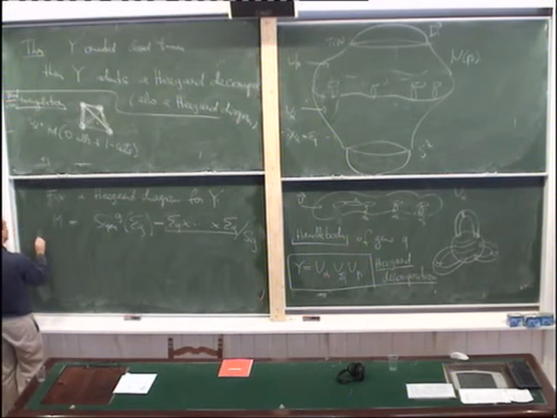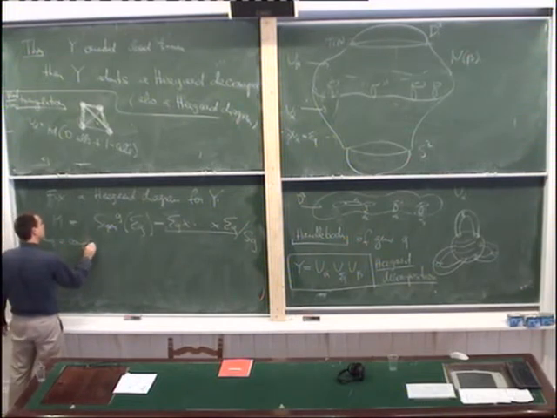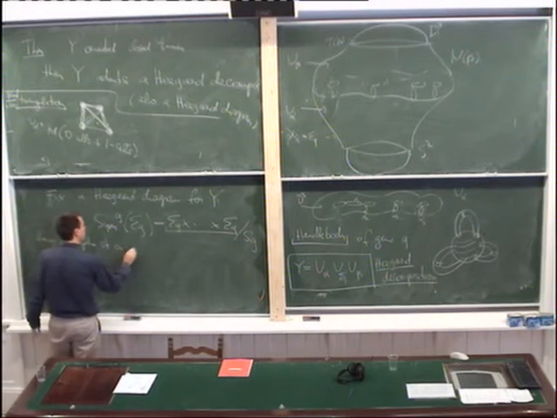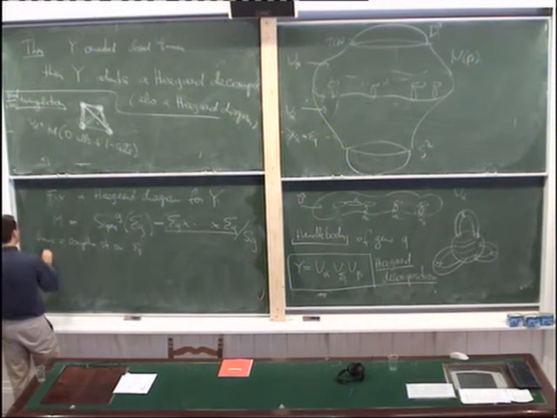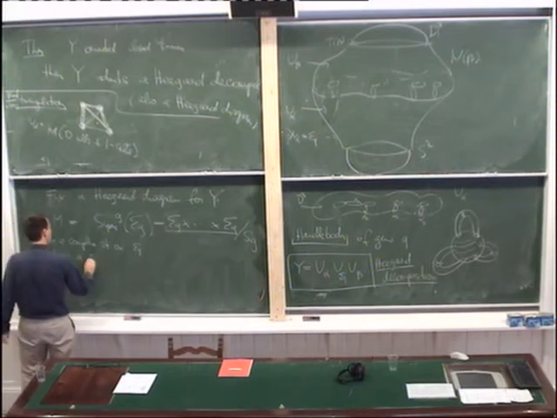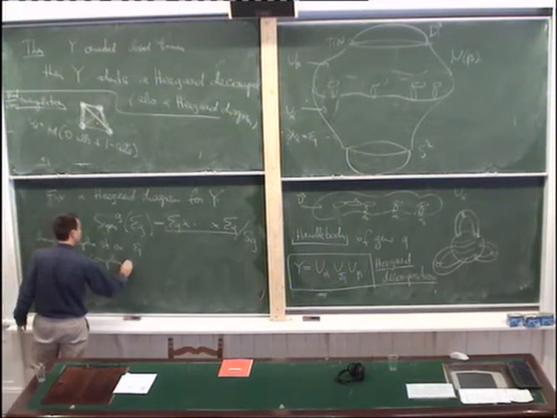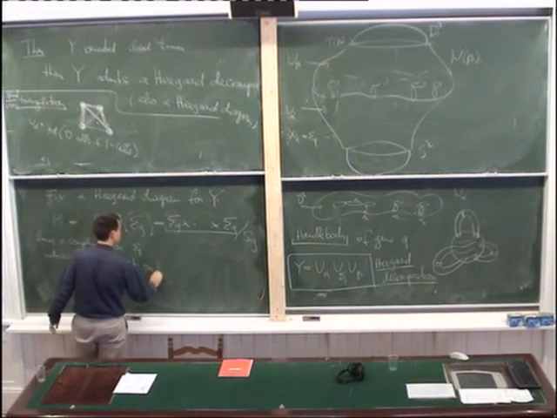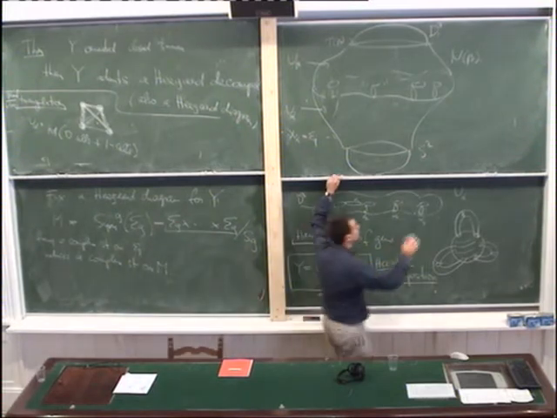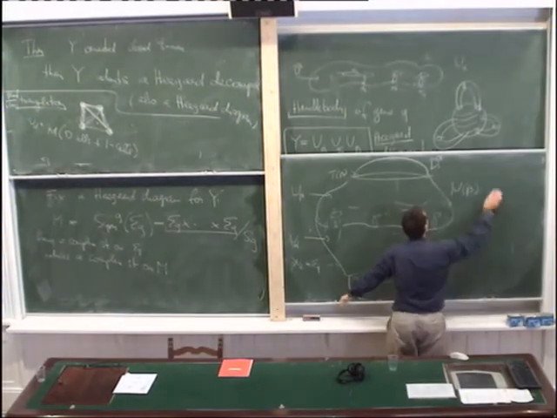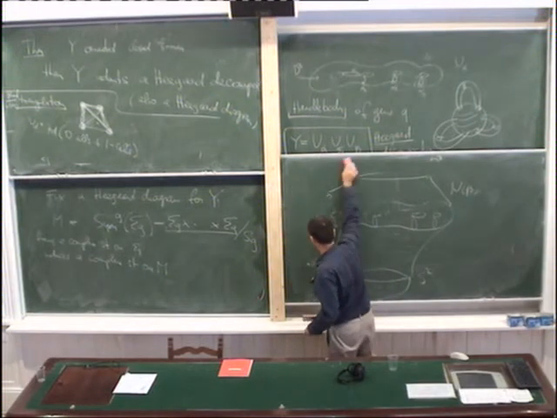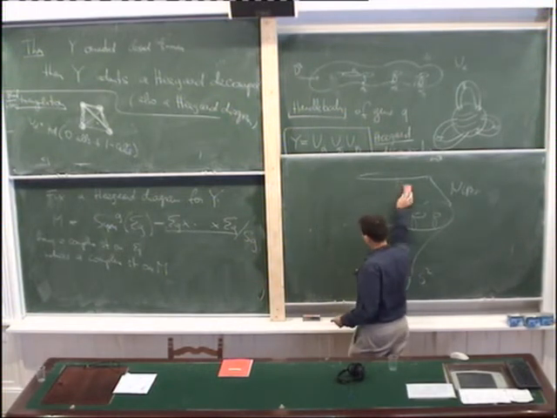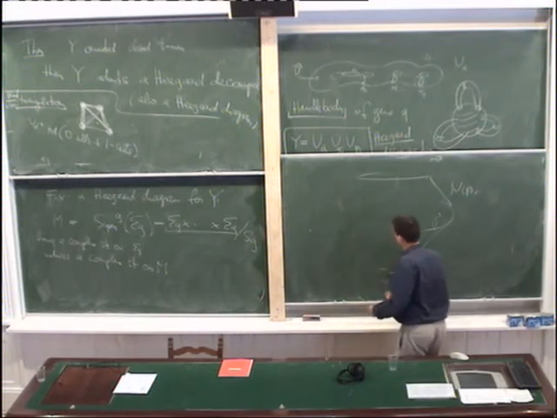In fact, fixing a complex structure on sigma induces a complex structure on M. We also have a Kähler structure, so also a symplectic manifold.